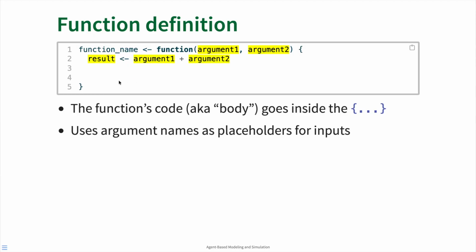When you actually call the function later on, you will supply actual values to these, and when you run the function, it would work out what argument 1 actually is and what argument 2 actually is, and it would replace those placeholder argument names with those actual values. In this case, it would store the result in a variable called result, which only exists inside the function.